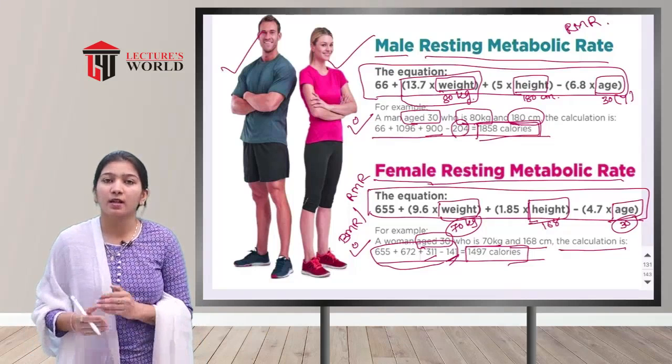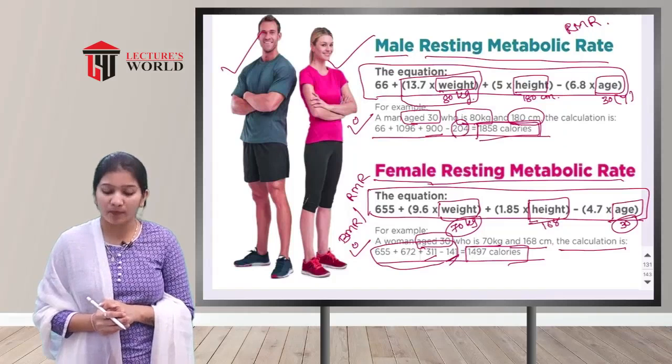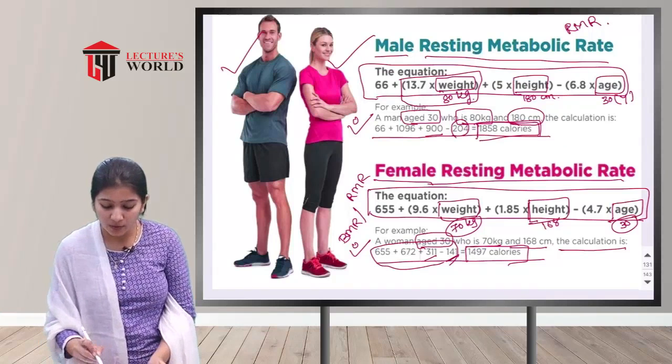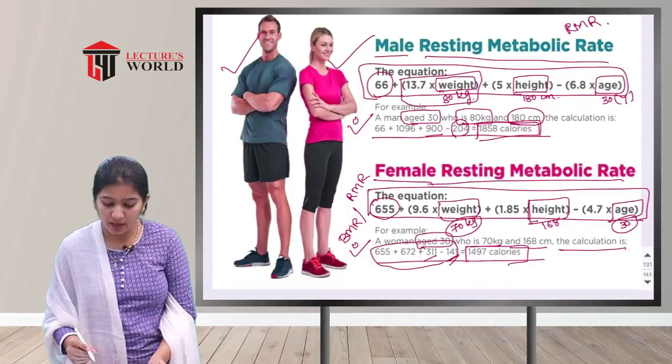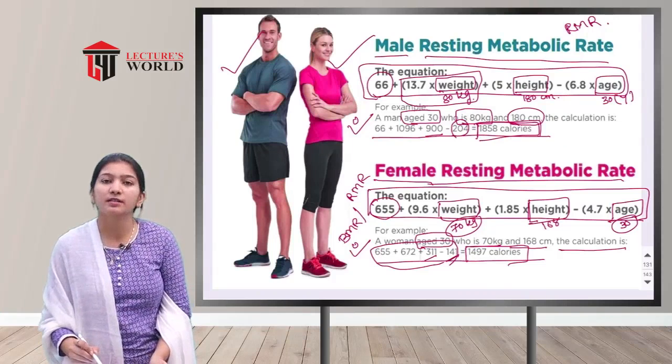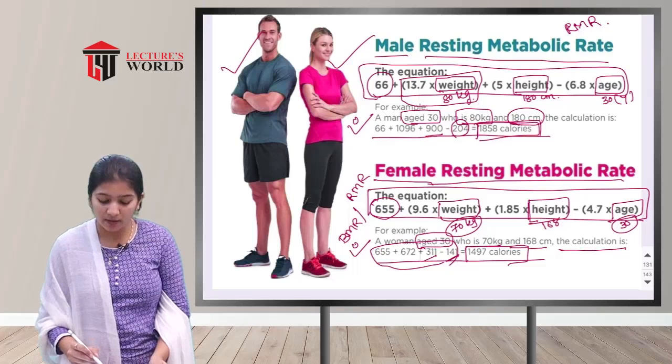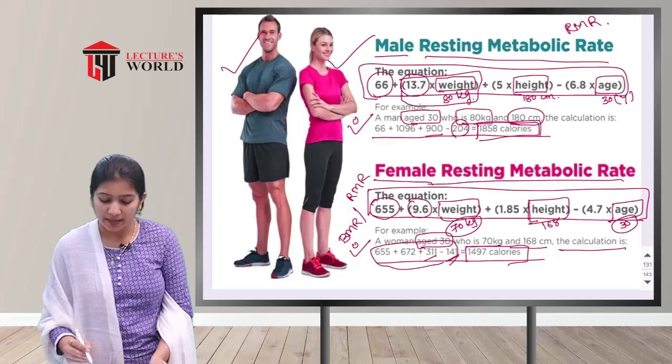There is a little variation you can see between the male and female formulas. In the male the first digits are 66, in the female the first digits are 655. After that you will see the difference here, like 13.7 in the males and 9.6 in the females.